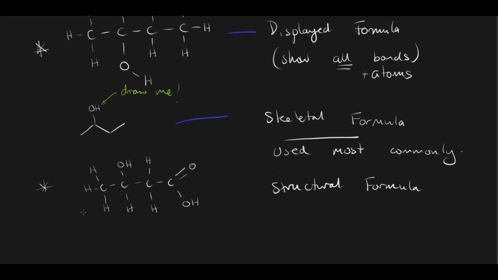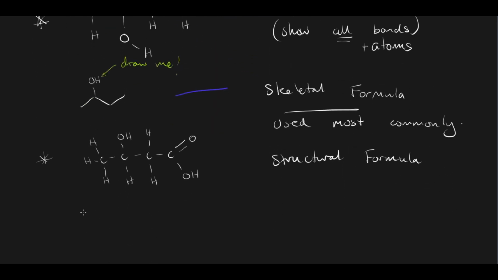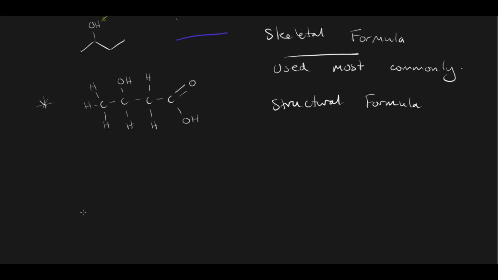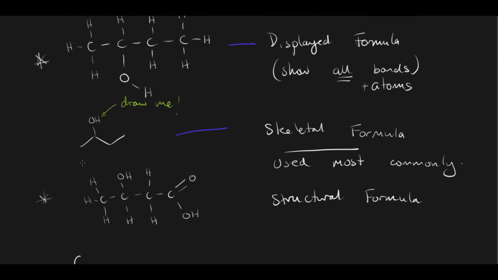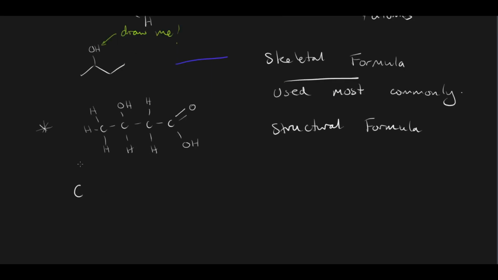So let's move on to another example then. We've done displayed formula, skeletal formula, and structural formula. We're going to have a look now at molecular formula and empirical formula. So if we're using butan-2-ol, then the molecular formula of butan-2-ol is you just write down each element, how many atoms there are, and then you put the number down next to it.